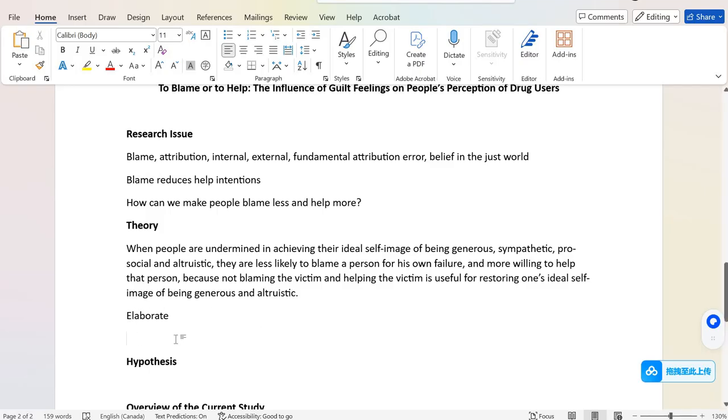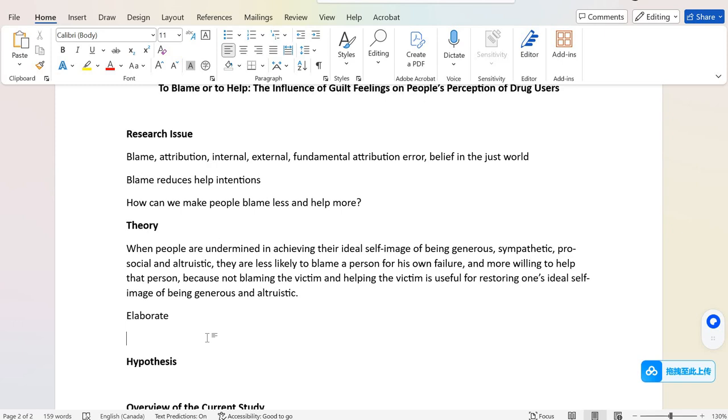How would you elaborate this statement? The first point needing elaboration is, do people really care about being generous? Do people really care about being helpful? Is it an important part of your ideal self? For most, well, this is worth discussion.